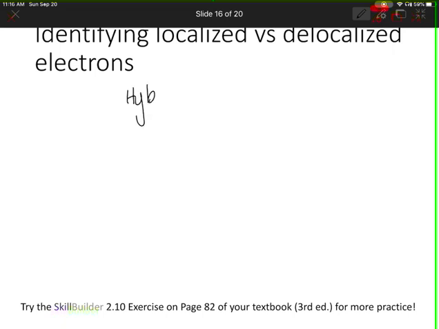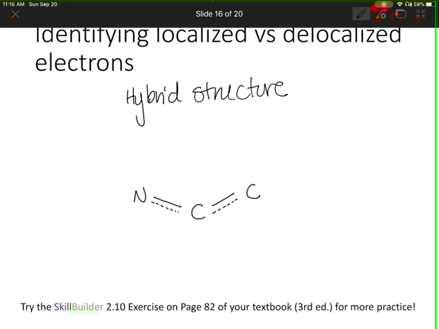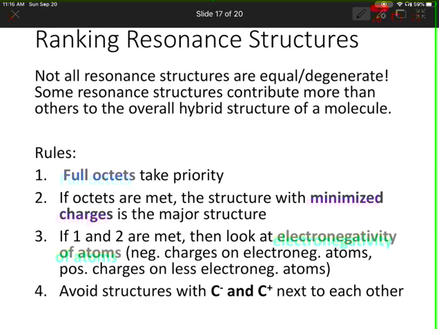Okay, so let's look at the hybrid structure. So we've got nitrogen, and it has delocalized electrons with the carbon in the middle, which also has delocalized electrons with that other carbon there.